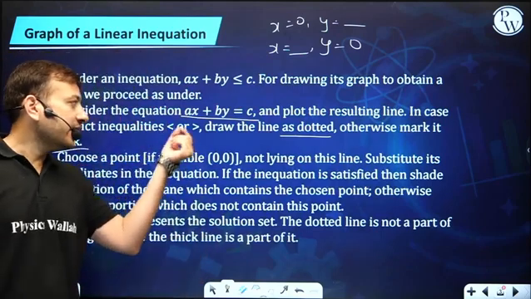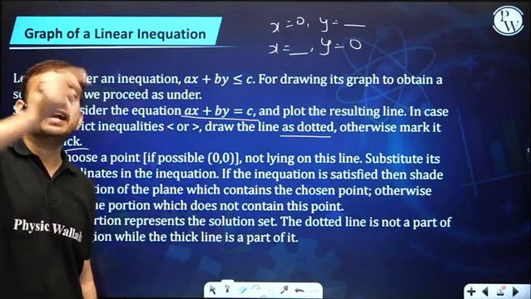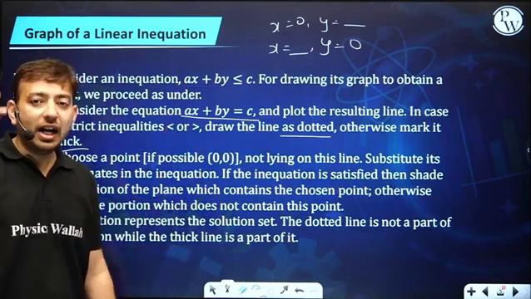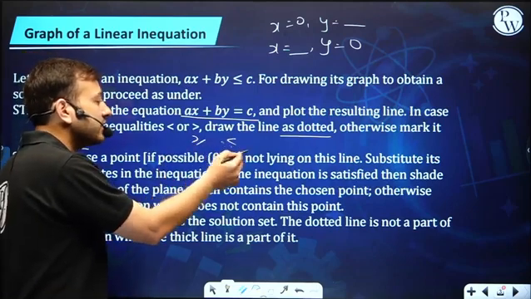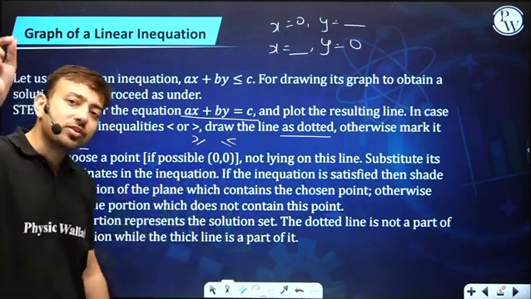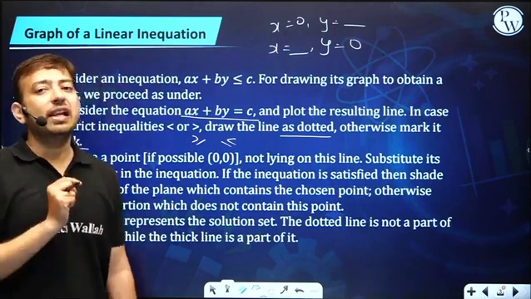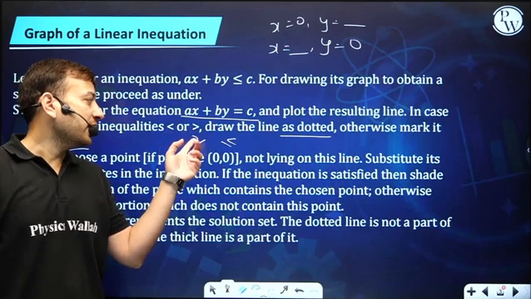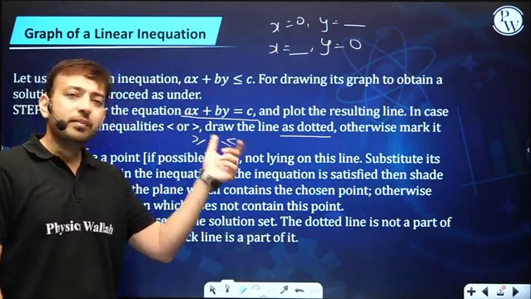Because if only greater than or less than is there, that means you cannot take points on the line. If it is greater than or equal to or less than or equal to, that means you can take points on the line also. So if the equals sign is not there, make it a dotted line, or else make a thick line.